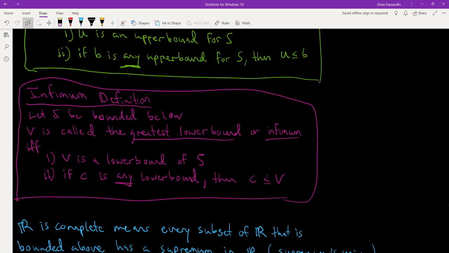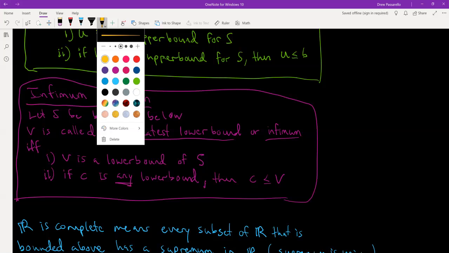If you have S bounded below, B is called the greatest lower bound, or the infimum, if and only if B is a lower bound of S, and if C is any lower bound of S, then C is less than or equal to the value B. Those are the formal definitions. Let me draw a picture.